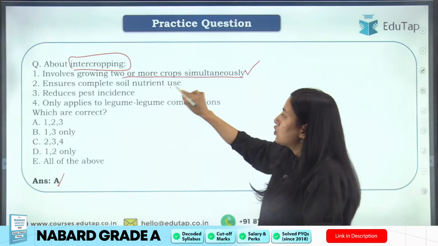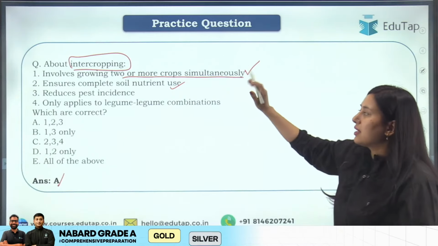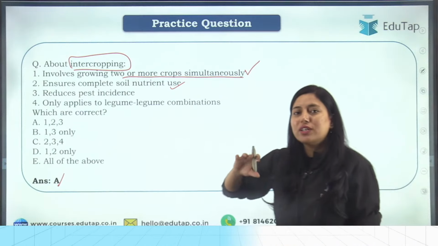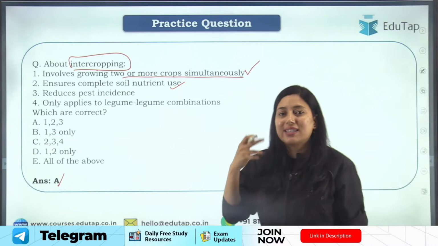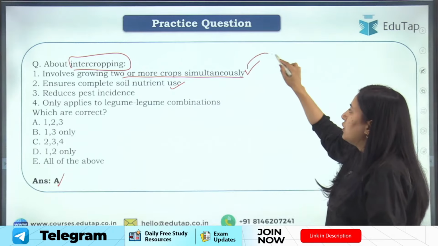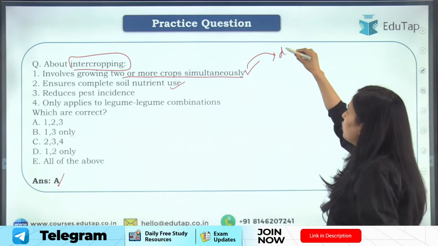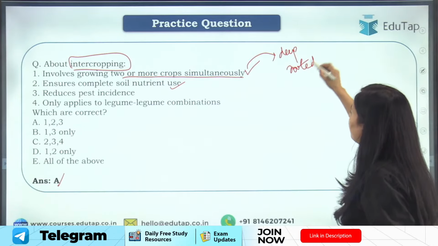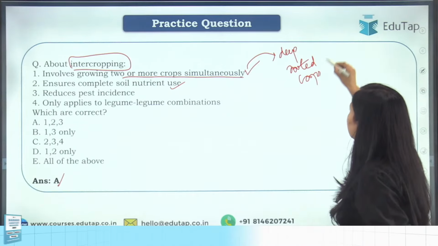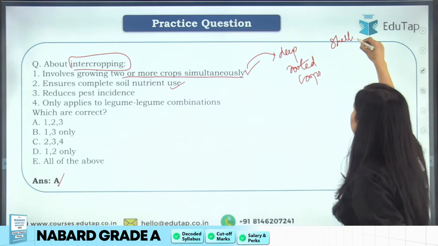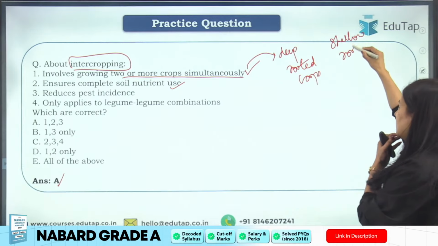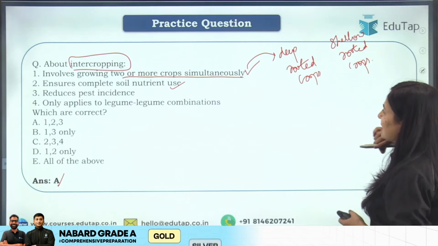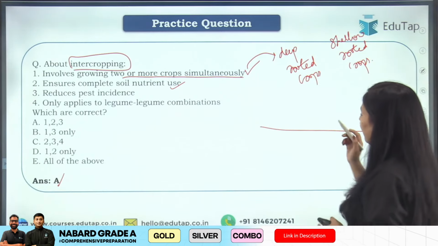Ensure complete soil nutrient use. So students, why are we growing multiple crops? So that the nutrients in the soil can be utilized effectively. Sometimes we go for growing deep rooted crops with shallow rooted crops. Okay, now why is this done? See, we have two crops.